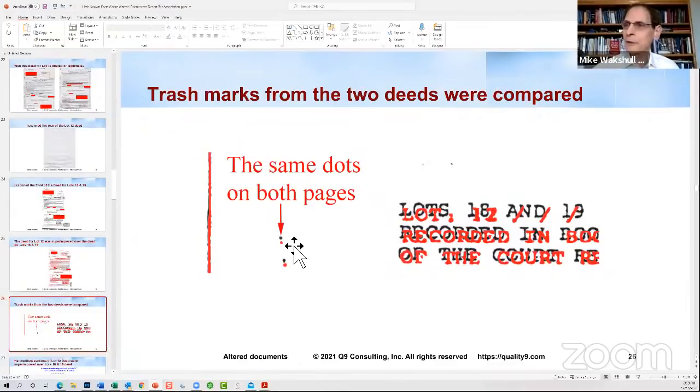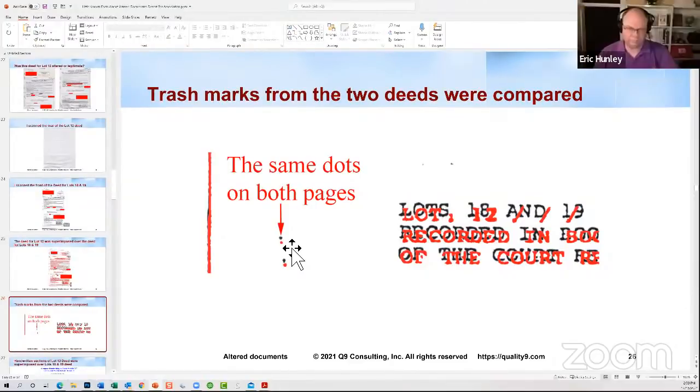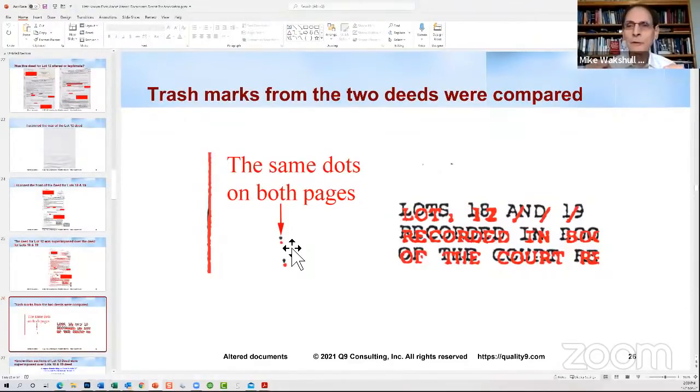A trash mark is on the glass on a photocopier. It's called a platen. If there's a little speck of dust or something, it'll take that picture. The only way you get a trash mark in the exact same spot on two pages, especially pages that are created far apart, is if one's a photocopy of the other.